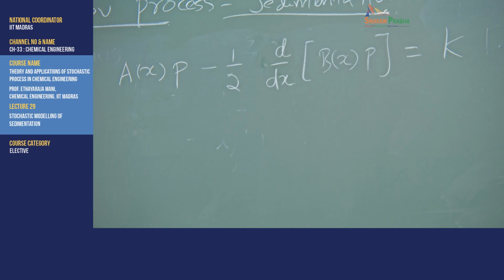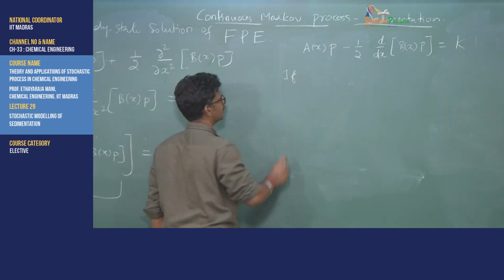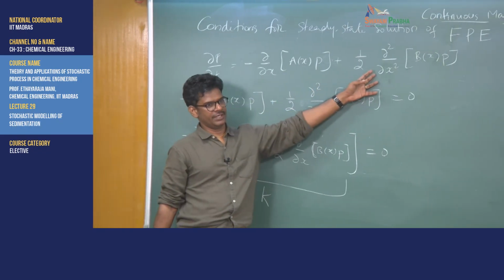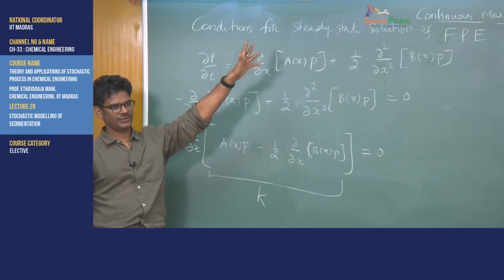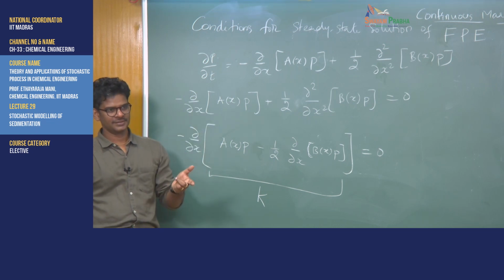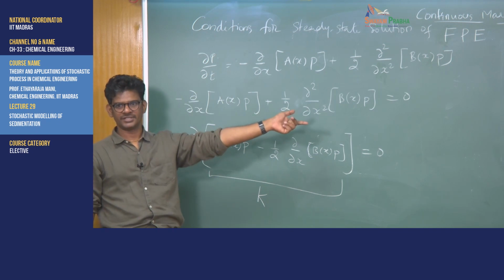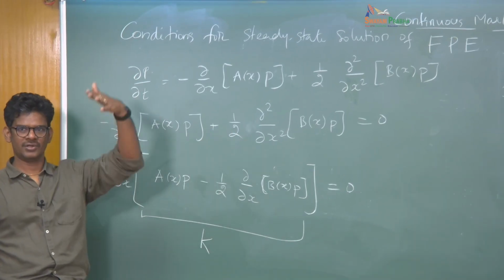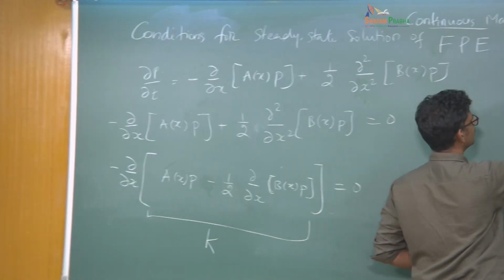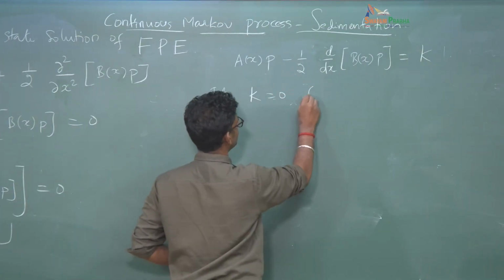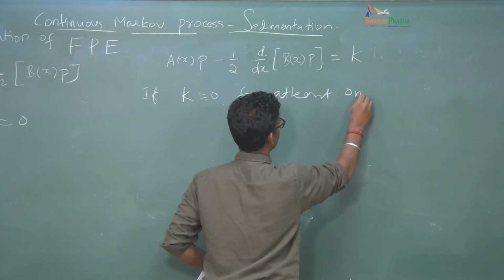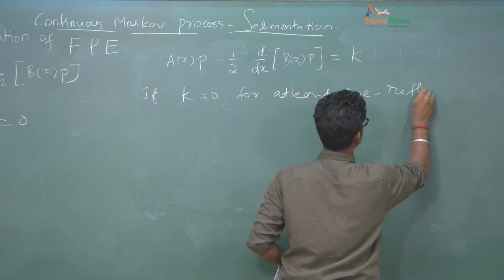Now in this case you actually need two boundary conditions. At two x values you need to have boundary conditions. Suppose one of the boundary conditions is reflecting, like the way we saw in the sedimentation problem, at x equal to 0 or at some other value. Then this constant k will be 0 for at least one reflecting boundary condition.